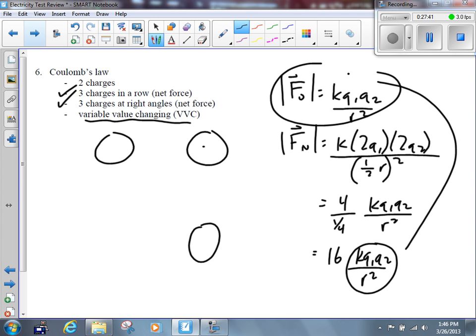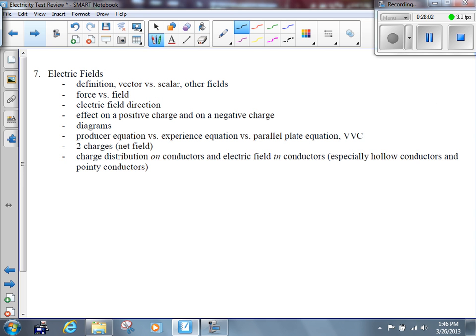So if you double both charges, cut in half the distance that separates the two charges, the new force is going to be 16 times whatever the old force is. Okay, we can do that with this equation, with electric fields, with momentum, with any equation that we're going to learn next unit. Doesn't matter. Be prepared for that on tomorrow's test.